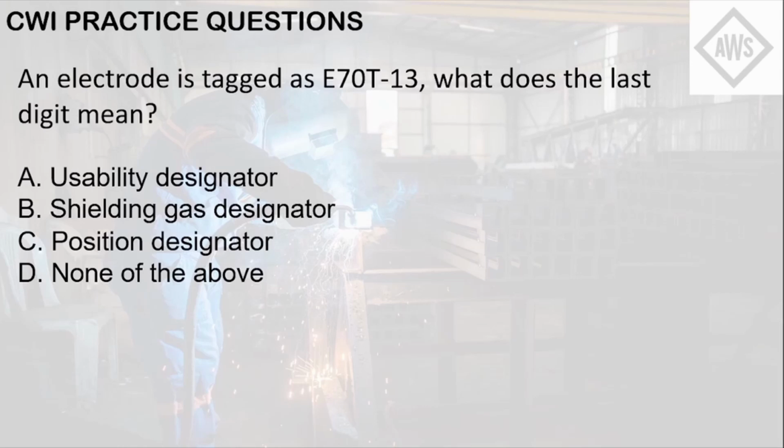So the answer here will be shielding gas designator. The last digit for a FCAW electrode designation is the shielding gas. How can you know that it is a FCAW electrode? By looking for the letter T in the electrode classification system or electrode naming. That means tubular, and tubular pertains to the FCAW process.